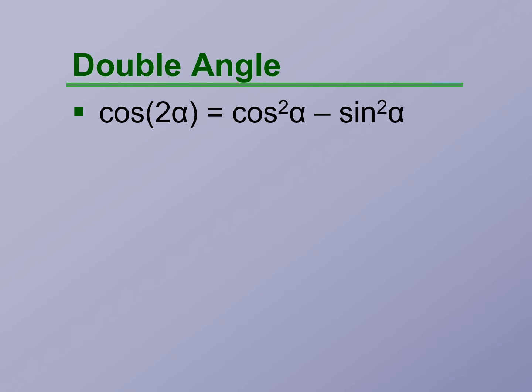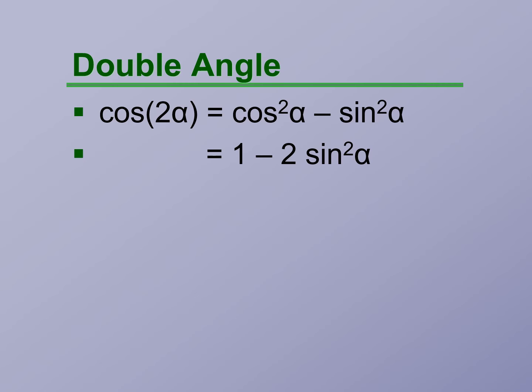Okay, so let's go ahead and expand that. So cosine 2 theta, or cosine 2 alpha, after we apply the sum identity for cosine, we end up with cosine squared alpha minus sine squared alpha.